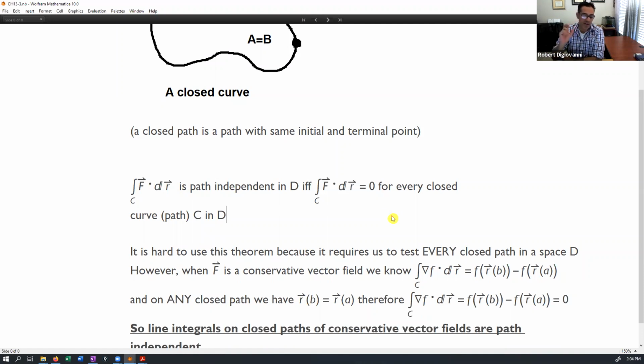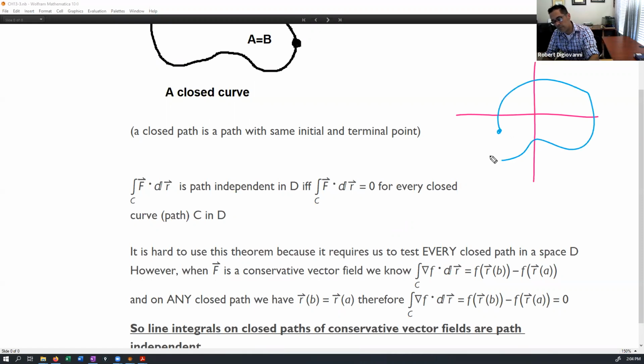So we're defining something here. We're calling something path independent. So to be path independent means that if you take the vector field and you move along any closed path, I'll draw you a picture. Let's say I have a field here, and the field means there's vectors everywhere, all right? And you give me a path that starts somewhere and ends somewhere, same point.